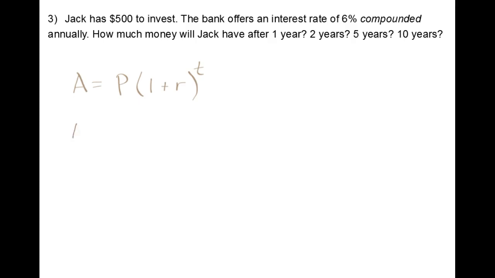And then we fill in. This time, my final answer won't just be the interest. It will be the final amount. So principal is 500. 1 plus the rate. So this is 1 plus 6%, which is 0.06, to the t, and we're going to start with our first one, which is to the 1 power, which as we know, it doesn't change anything.